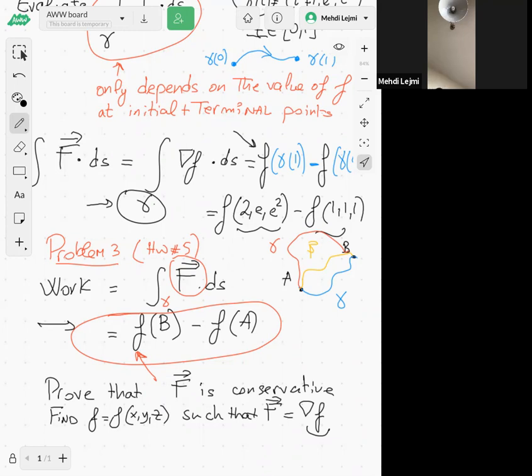If F is a two-dimensional vector field, with just two variables, all you have to do is compare the derivative of the second function with respect to x to the derivative of the first function with respect to y. If it's a three-dimensional vector field, with three different variables, then you have to compute the curl of F.